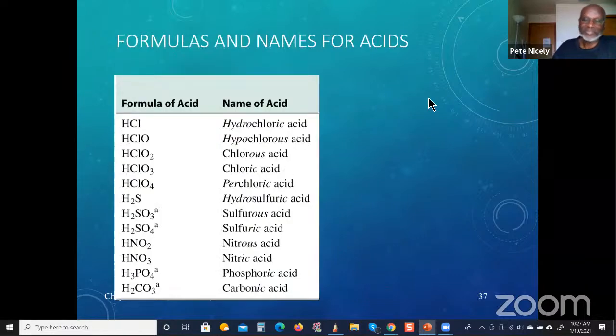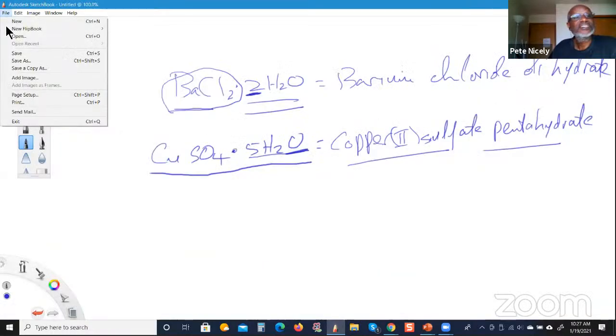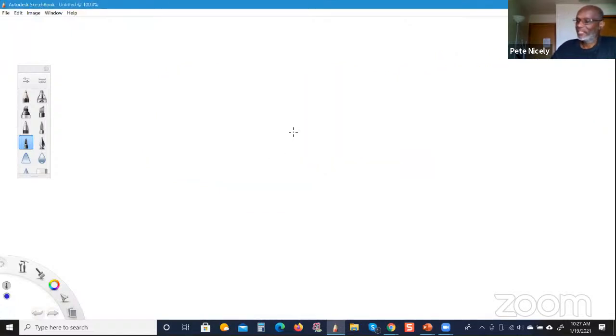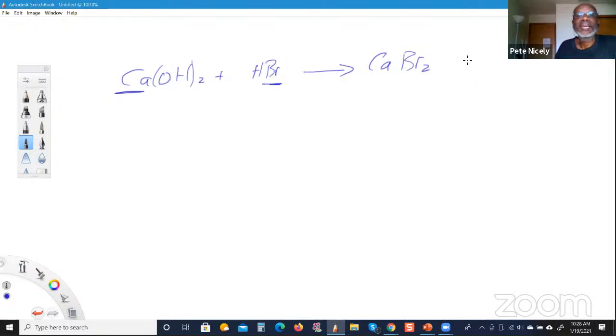Okay, so before I move on to naming acids, let me go back to my tablet here and give a couple of examples of acid-base reactions. So if you're given, let's say, calcium hydroxide reacting with, let's say, hydrogen bromide, then you're going to end up with calcium coming together with the bromide to form calcium bromide, and the hydrogen will come together with the hydroxide to form H2O.